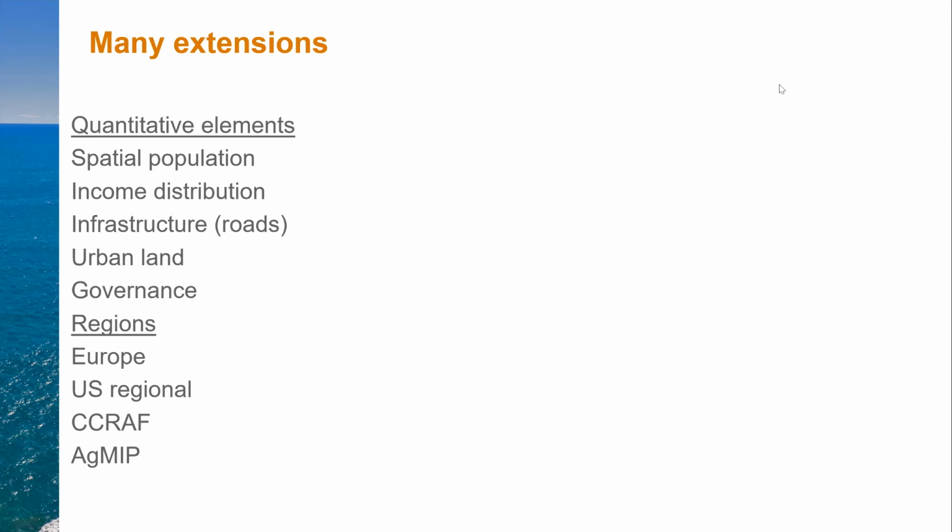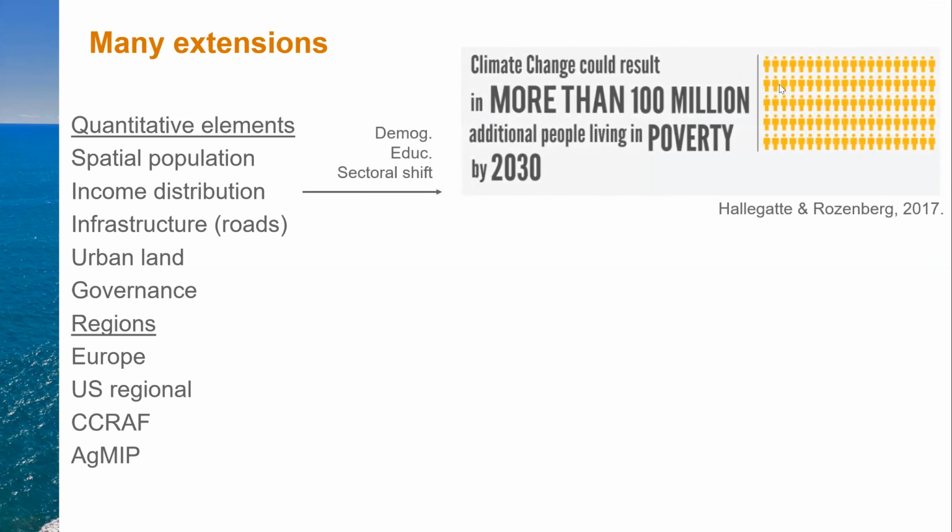As an example, a study developed income distribution projections in order to look at what the implications of climate impacts for poverty were.